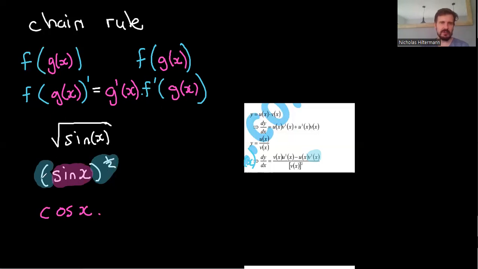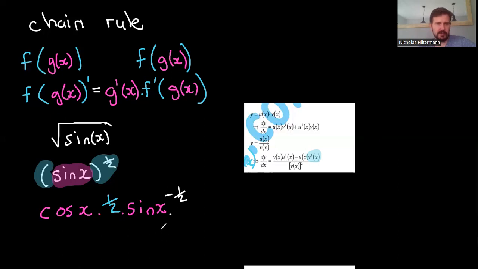So imagine that we were trying to derive this light blue thing. Well, we times the exponent by the front, and then we leave the sine x alone. When we take one off this, we get minus a half. Okay, so that's how that would look.